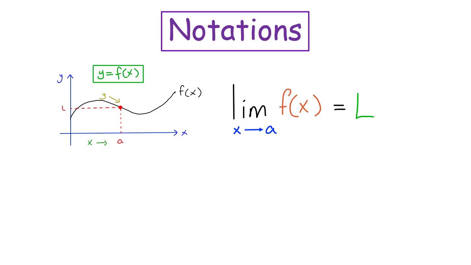Okay, so now that we have a general idea of what a limit is, let's talk about how to write limits mathematically. So the way that we express that a function's limit is equal to a certain value is by writing it this way. We start by writing LIM, which stands for limit. Then underneath it, we write x followed by an arrow pointing to the number that x approaches, which in this case is a.